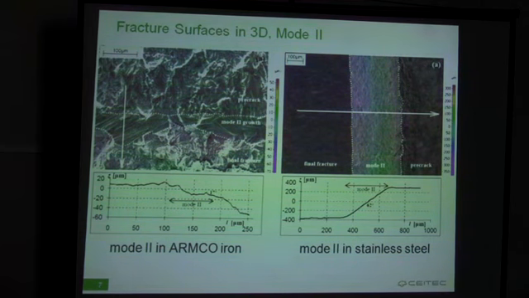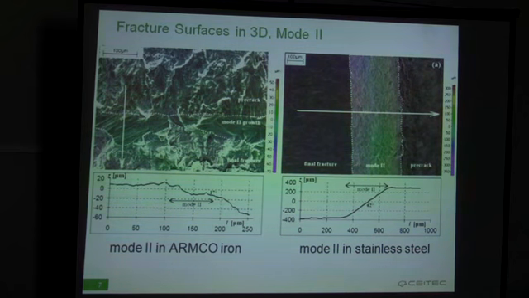Now let's have a look at the fracture surfaces. We applied stereophotogrammetry. We took 2 images and rotated the samples, and could calculate the 3rd dimension and reconstruct the fracture surfaces in 3 dimensions. Here we can see the mode 1 pre-crack, this is the area of the mode 2 growth, and this is the final fracture. These arrows are always parallel to the applied shear direction.